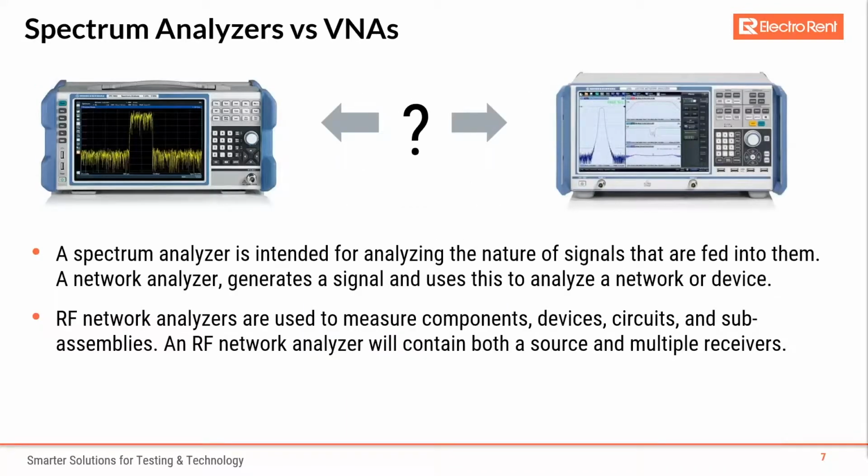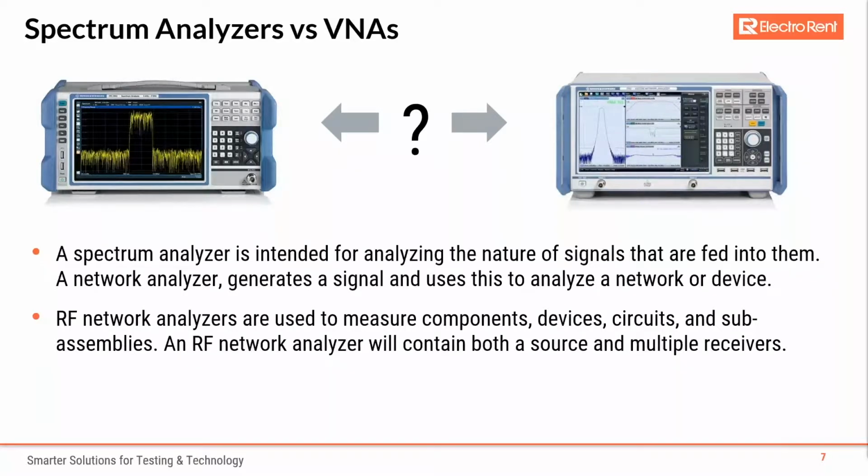So what is the difference between a spectrum analyzer and a vector network analyzer? A spectrum analyzer is intended for analyzing the nature of signals that are fed into them. A network analyzer generates a signal and uses this to analyze a network or device. The network analyzer receiver measures broadband frequency when it sweeps power and frequency.